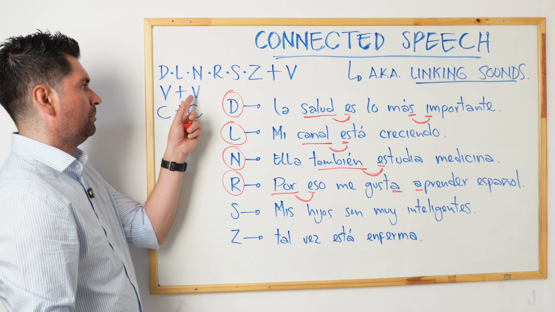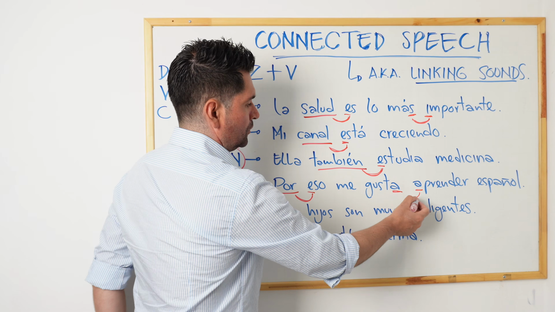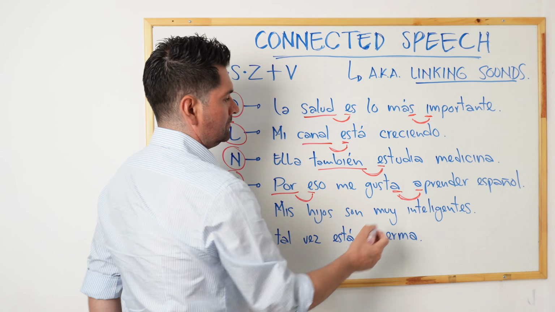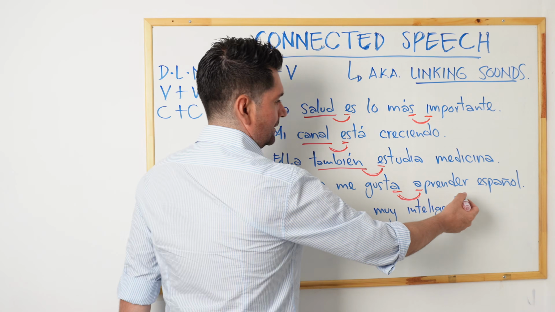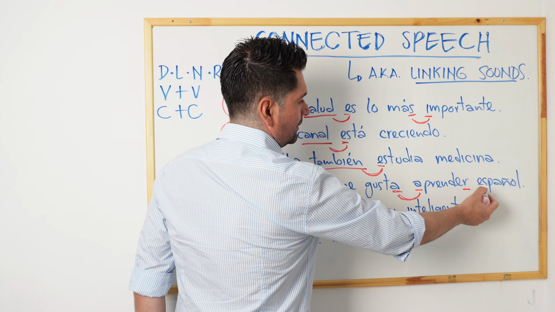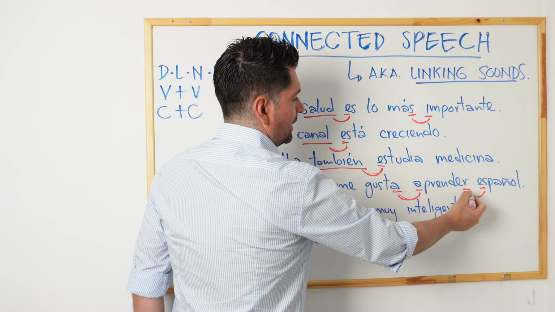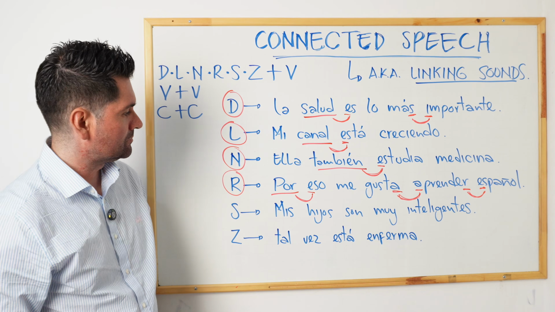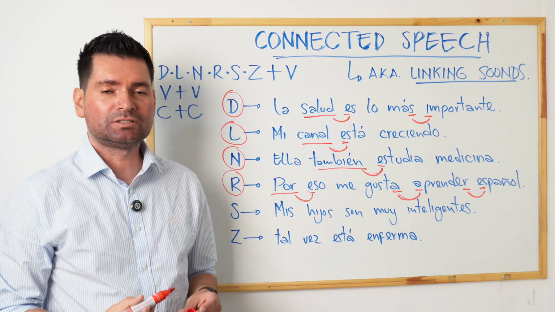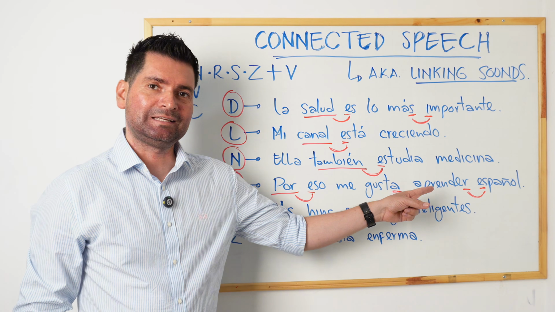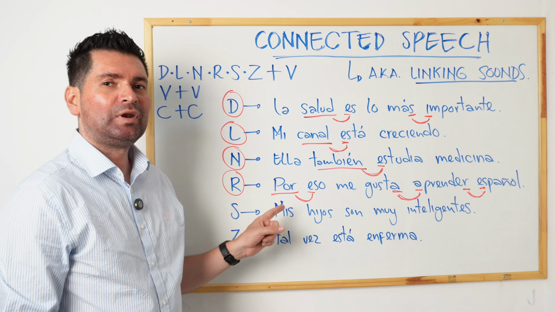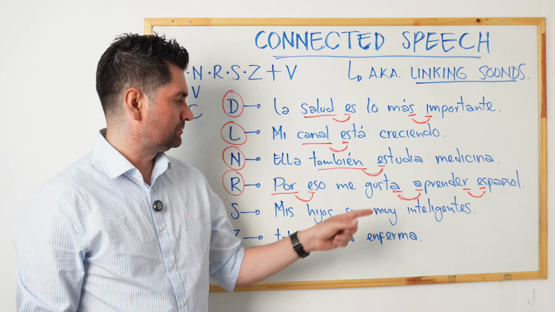Here, vowel plus vowel. Me gusta aprender. And then, aprender ends in R. Y aprender español. So, there are three connections in this sentence. Por eso me gusta aprender español.